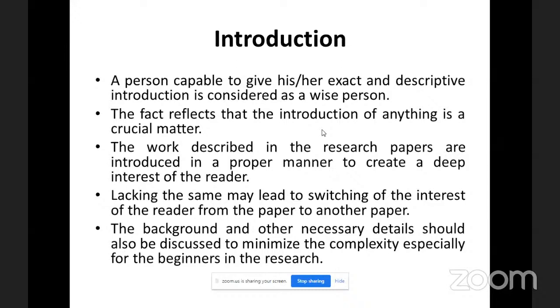So these things you will discuss, and then a separate subsection you should provide which is related to the literature review and related work. So the introduction section should describe the background and some related papers which you can refer to in your work, and then you can write the introduction section there.